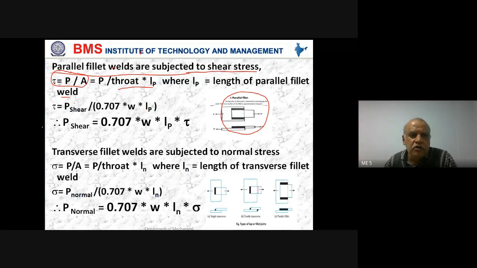Therefore, tau is equal to shear load divided by 0.707 into W into length of parallel fillet weld.